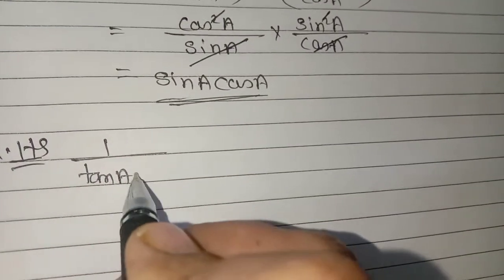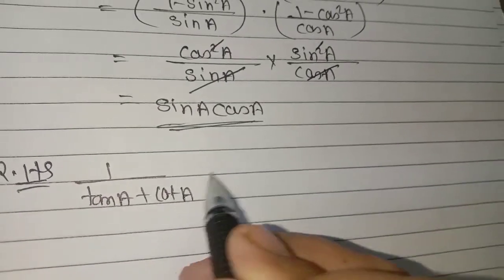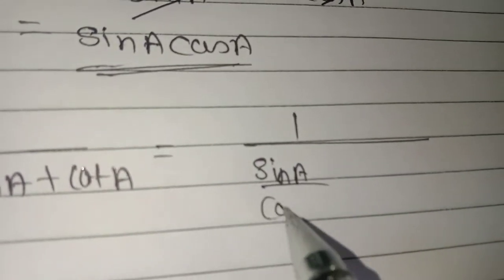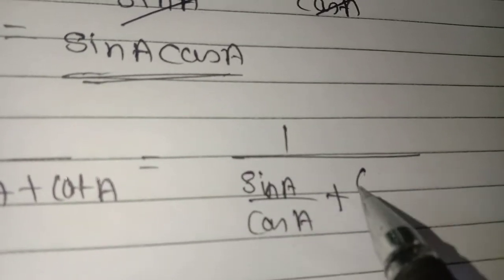Right hand side is given as 1 upon tan A plus cot A. So tan A can be given as sin A upon cos A plus cot A is what?